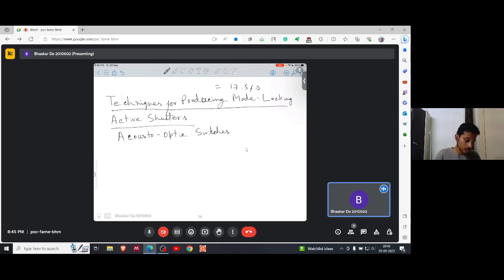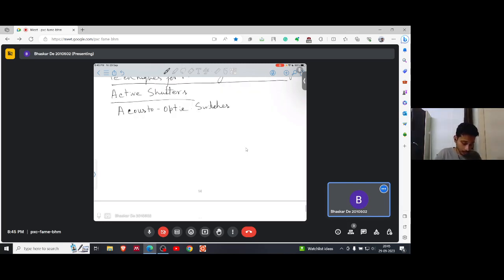So here we will have the acousto-optic modulator. So we will have a quartz crystal with a piezoelectric transducer, and then the shutter will open and we will have a pulse, and then when the shutter is closed we will not have a pulse. We don't need the details of these things, so I will not discuss.